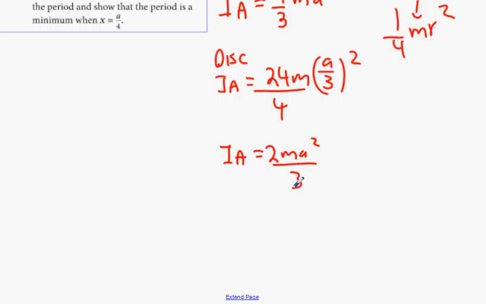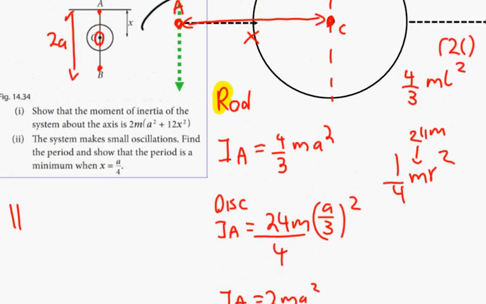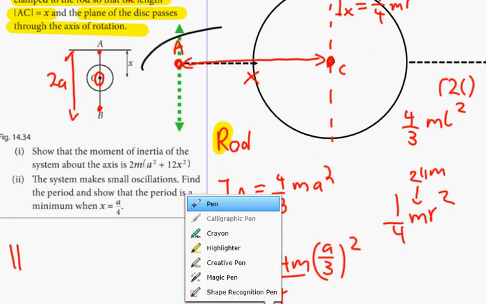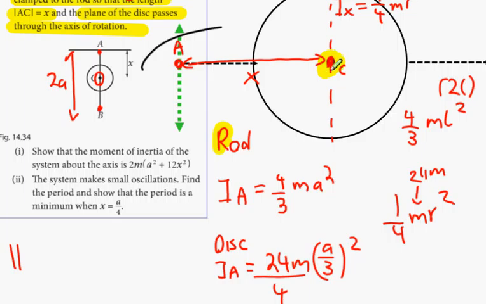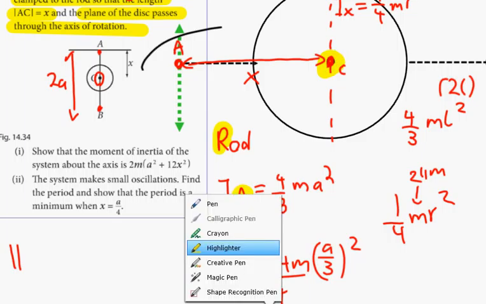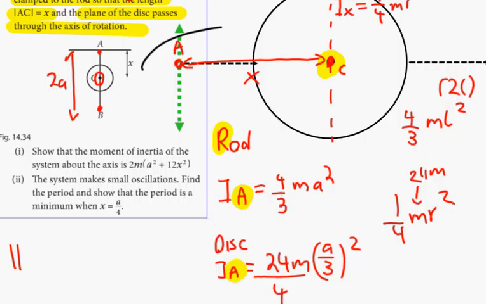Okay. Now, we have to do the parallel axis theorem. One problem with the disk, guys, okay? The disk isn't IA. The disk is IC. Remember we said it's going through the C axis. So this here shouldn't be in an A. Should be in a C. IC, IC.